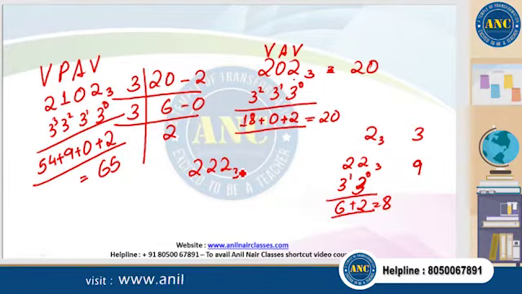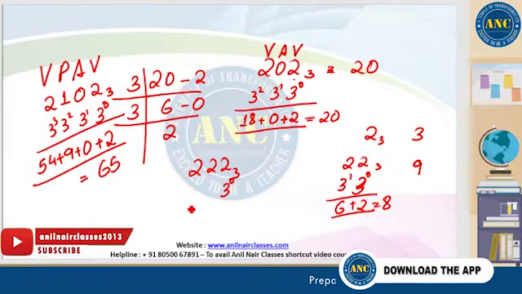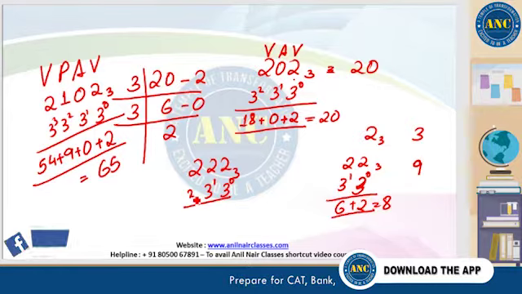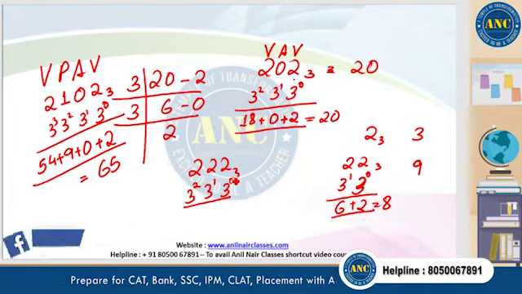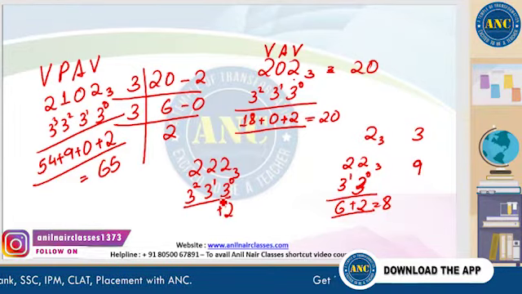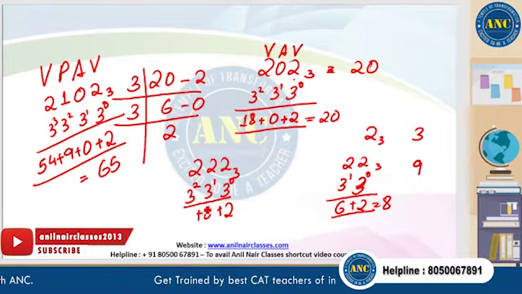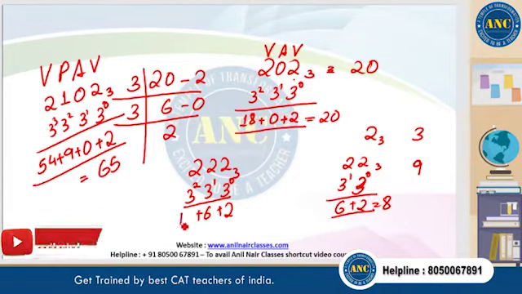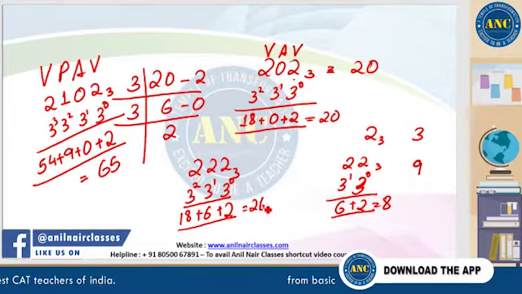So if we say 222, that would be 2 into 3 power 0, 2 into 3 power 1, and 2 into 3 square, which gets us 2, 6, and 9 into 2, which is 18, which gets us a value of 26.